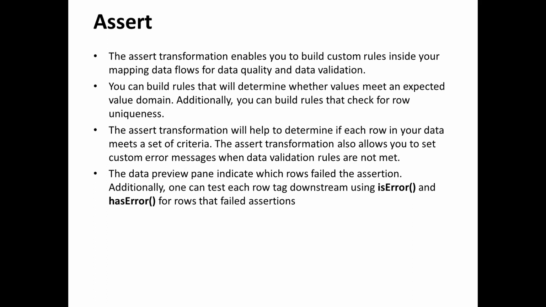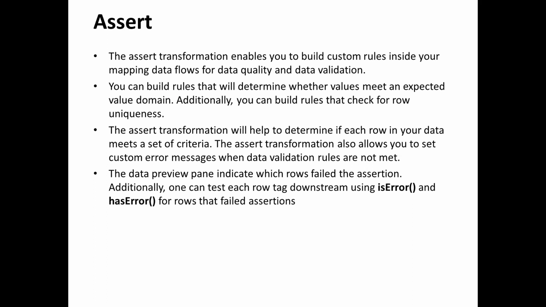For example, if the employee salary is greater than 1 lakh, just flag it as an error. Or in our data set we have a gender column, right? If the gender is blank, flag it as an error.